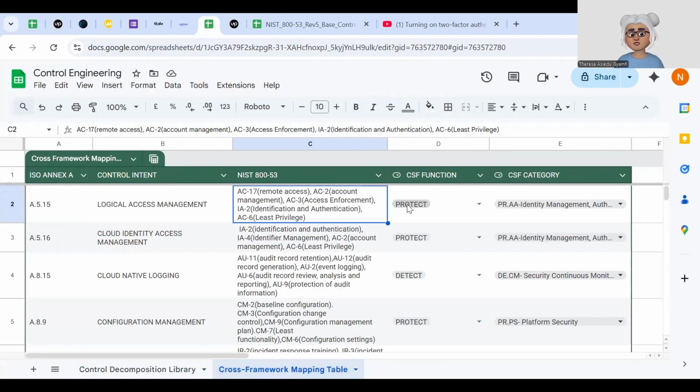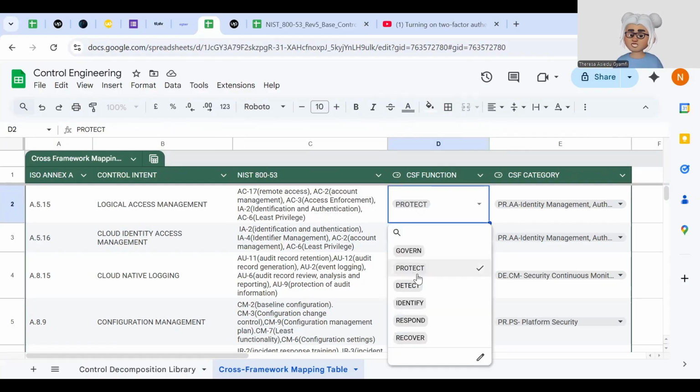And it's no wonder that we are choosing protect as a CSF function here, because we are looking to protect our resources, our critical data and information from unauthorized access. And looking at the options here, protect is our best choice.